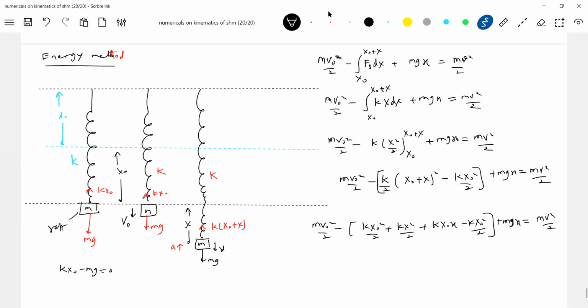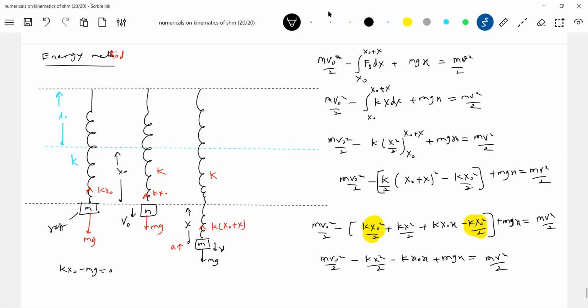This is the first problem. The basics is what we are trying to observe. So kx naught square by 2, these two will cancel out. What will be left over? mv naught square by 2 minus kx square by 2 minus kx naught x plus mgx equal to mv square by 2.